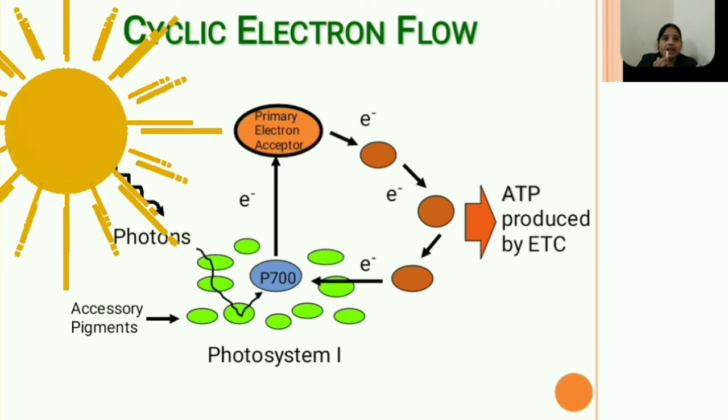The accessory pigments pass on their energy to the reaction center P700, which emits energy-rich electrons.